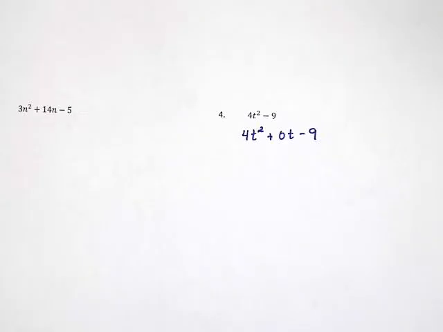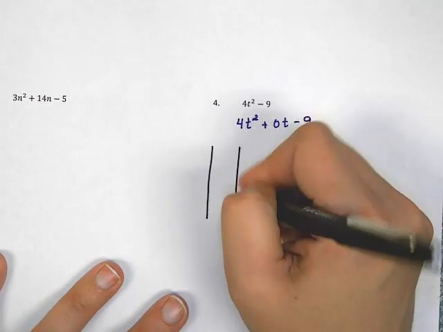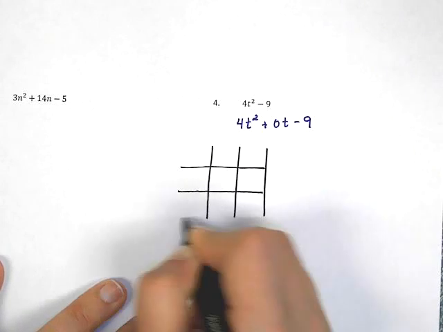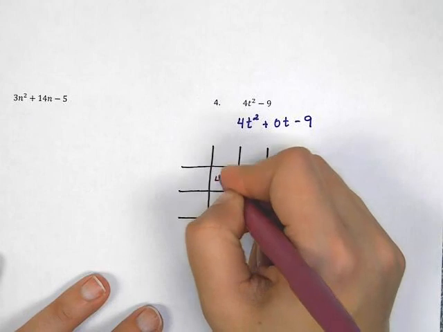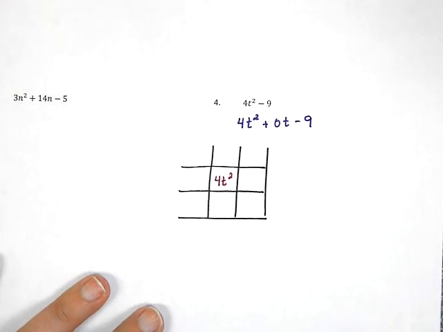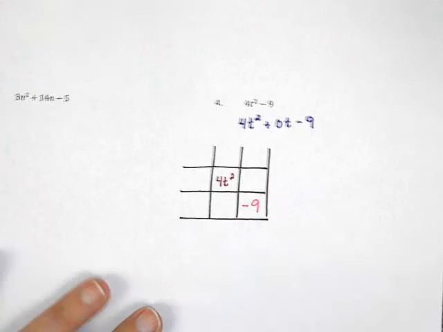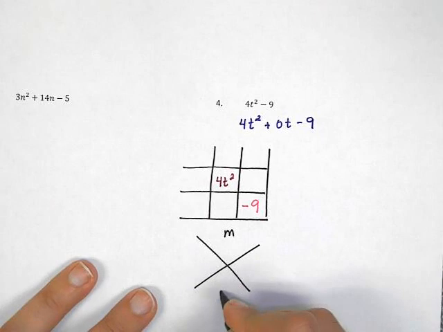They must have canceled. Now I'm going to draw my chart. I'm going to fill in my first term, which is 4t squared, and my last term, which is negative 9. Then I'm going to draw a big X, and I'm going to figure out my M and my A.